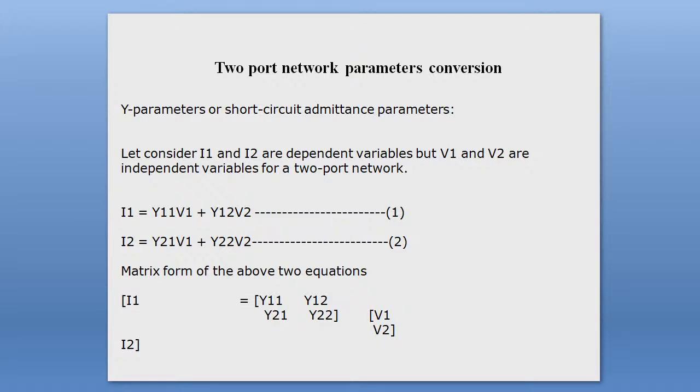Now you tell me, how do you write the expression of y11, y12, y21 and y22? To calculate or determine the values of two-port network parameters, the first step is to write the network equation by considering independent and dependent variables.